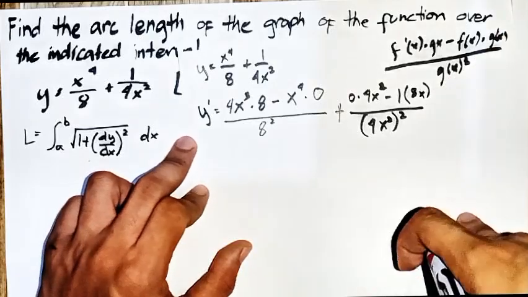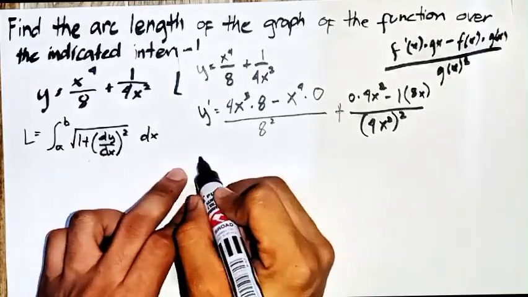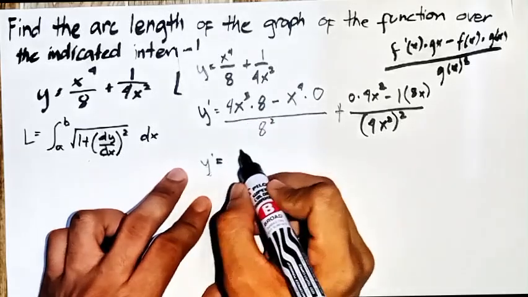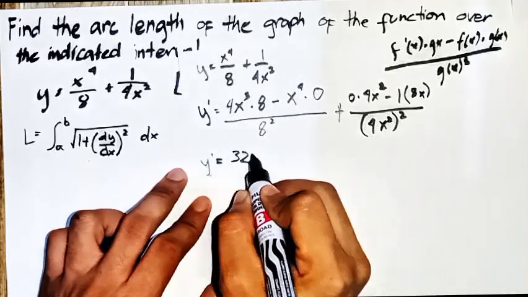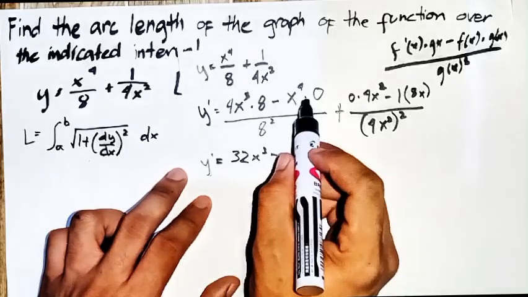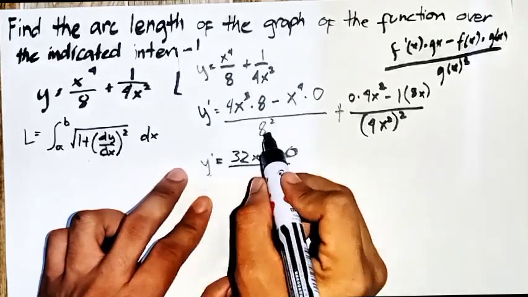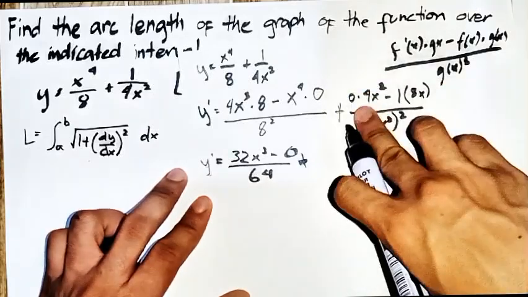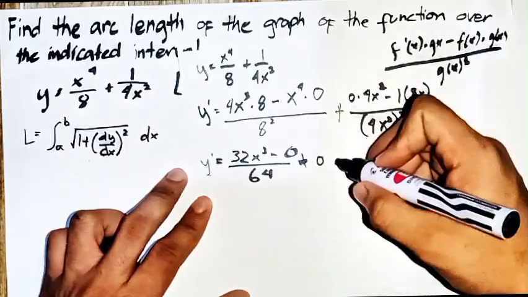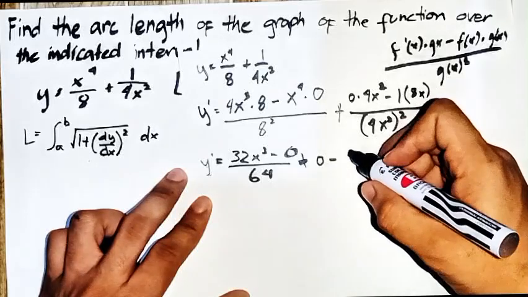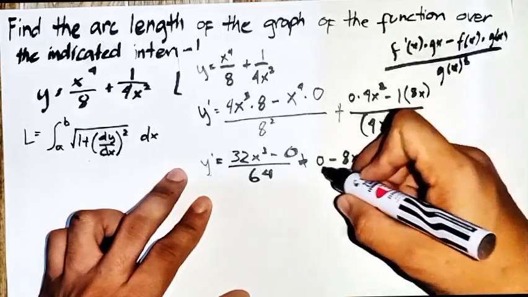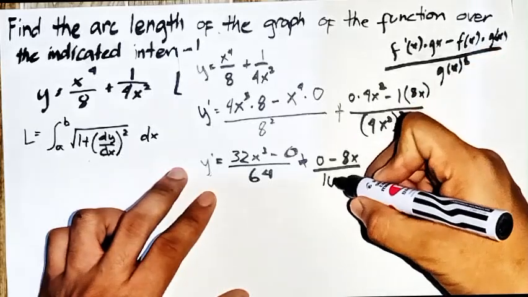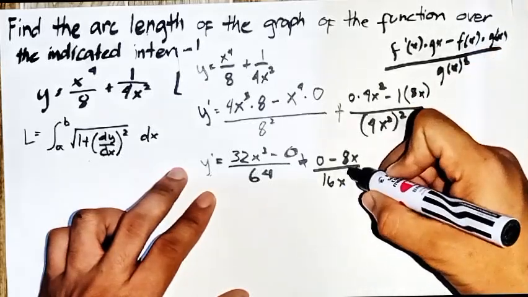Now let's simplify. So y prime is equal to 4x cubed times 8, which is 32x cubed, minus x to the power of 4 times 0, which is 0, over 8 times 8, which is 64. Plus 0 times 4x squared, which is 0, minus 1 times 8x, which is negative 8x, over 4x squared to the power of 2, which is 4 times 4, 16, and 2 times 2, x to the fourth.